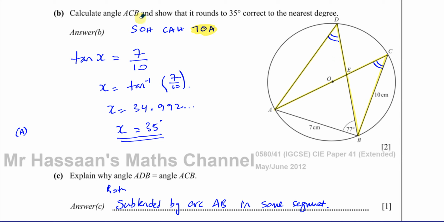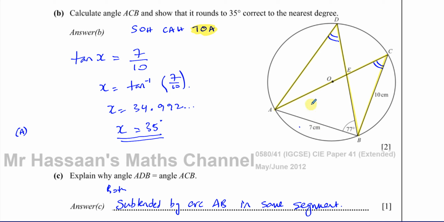Even if you just write same segment, they will understand exactly what you mean. This is a bit more than what you need to write, but just for your understanding, they're subtended by the same arc and they're on the circumference in the same segment. I mean, the full explanation would be they're both subtended by the same arc, they're both standing on the same arc, and they're both formed on the circumference, and both in the same segment.